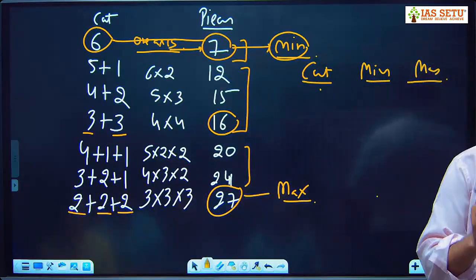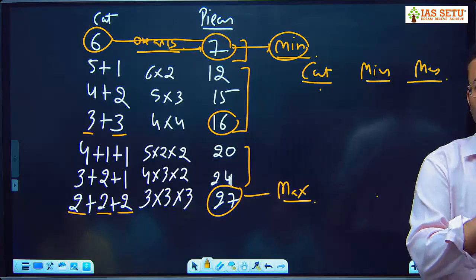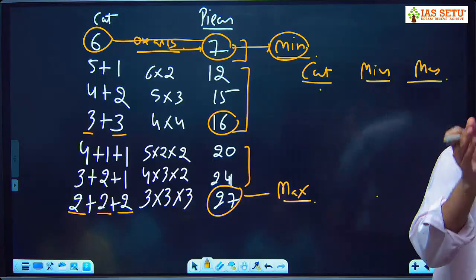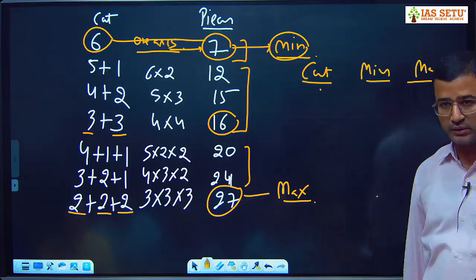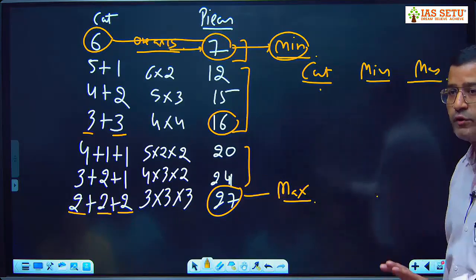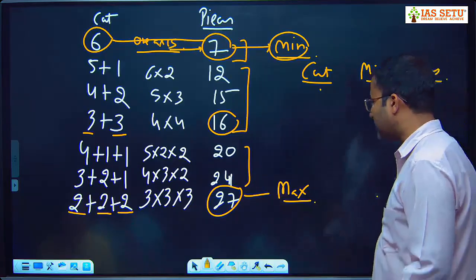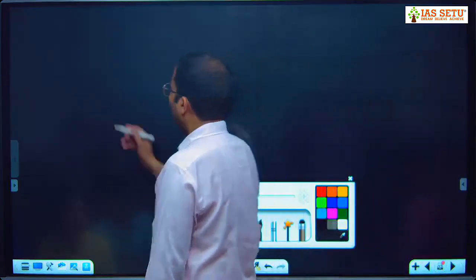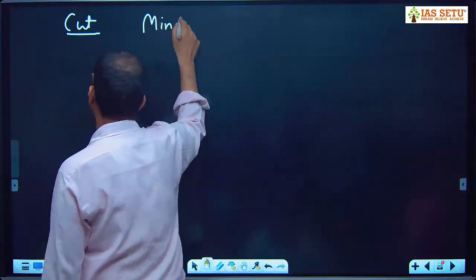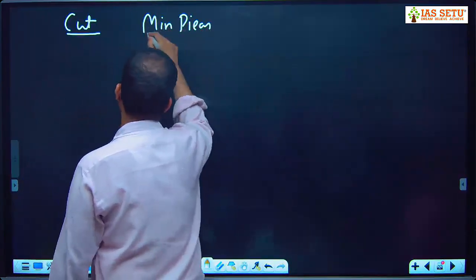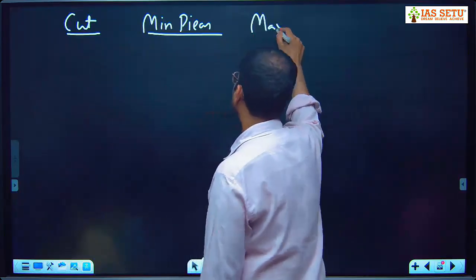So it depends how you put the cuts. If you are using only one axis or if you are using all the 3 axes and you make an even distribution, that matters. Let me take 4 or 5 questions. ठीक है, आपको समझ में आएगी चीजें, रुको अभी. Number of cuts, minimum pieces and maximum pieces.